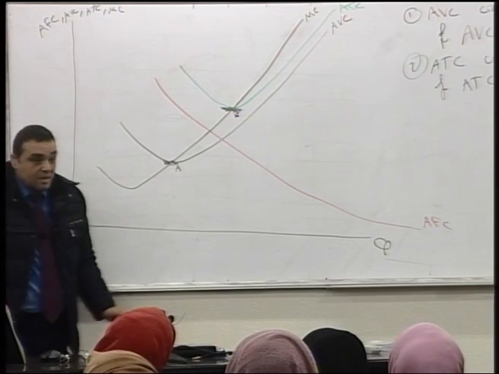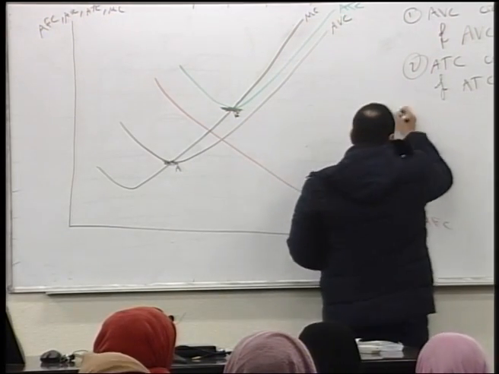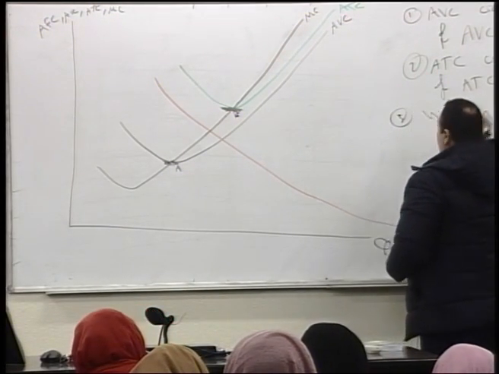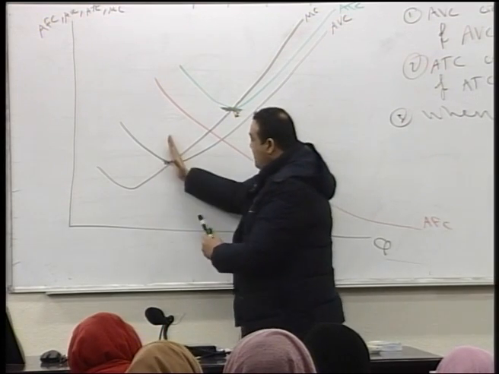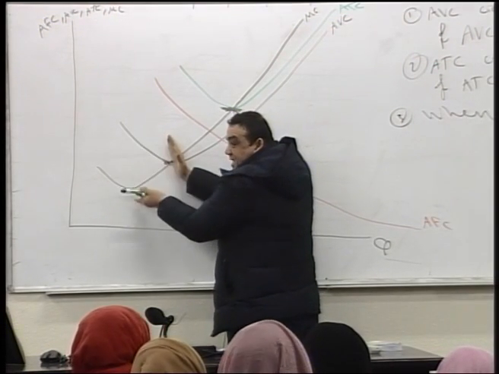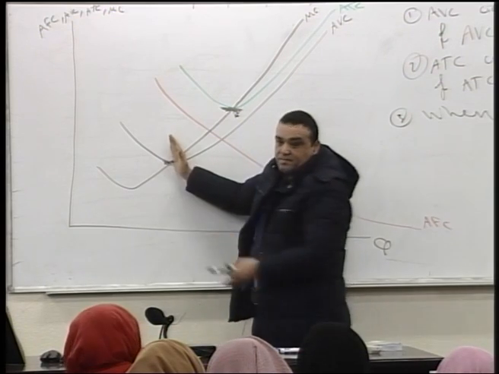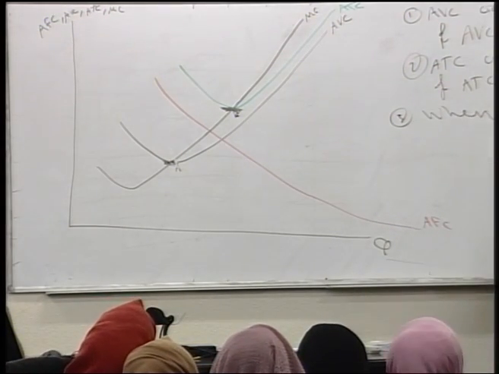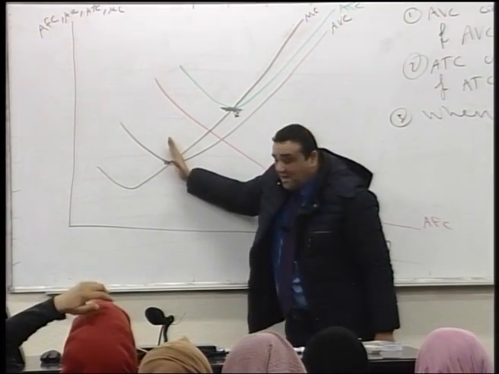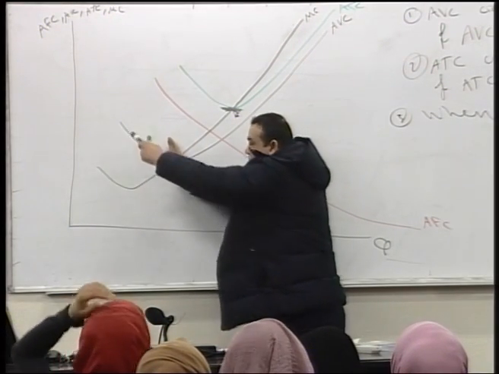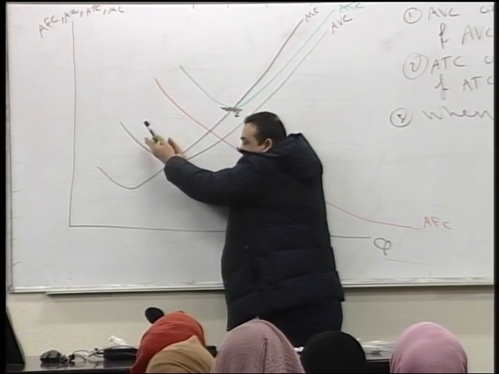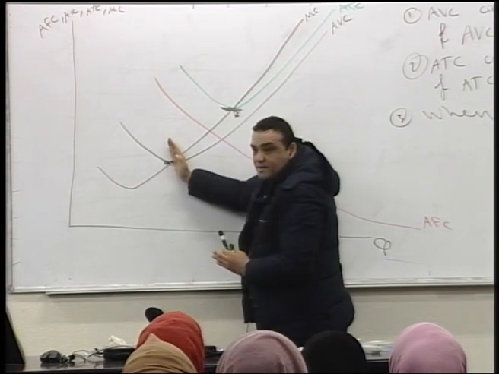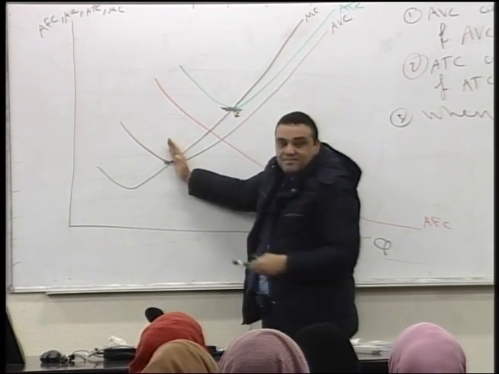So number 3, when AVC is bigger than MC, AVC is decreasing. At the left side here.